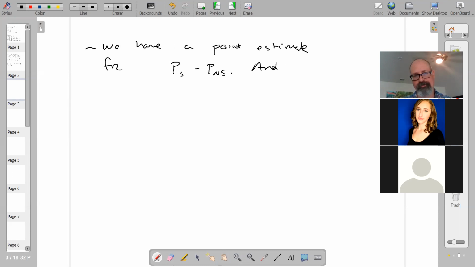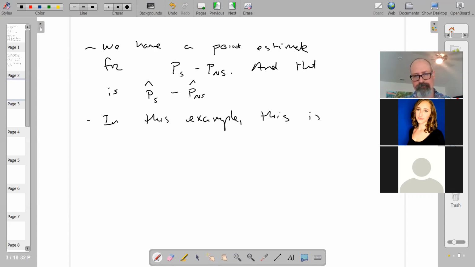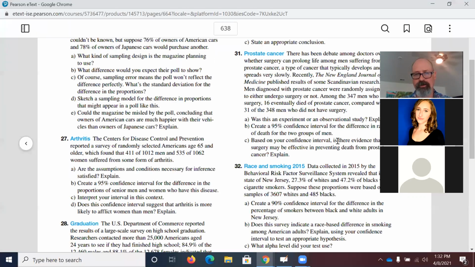And that is the difference of sample proportions, which we represent with symbols that look like this, the hat notation. In this example, we'll have to write down what these are, but when we write that down, I'll write it down really quickly.